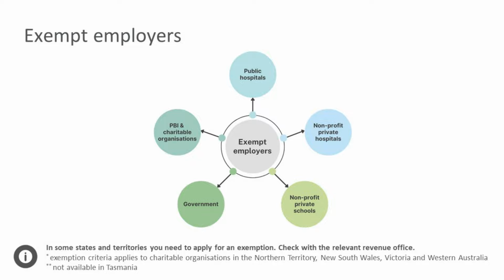Please note that an exemption for local councils is not available in Tasmania. This may mean that you are not required to register for payroll tax, but you may need to apply for an exemption. Should you have any queries in relation to how to apply for an exemption, please contact the relevant Revenue Office for further assistance.